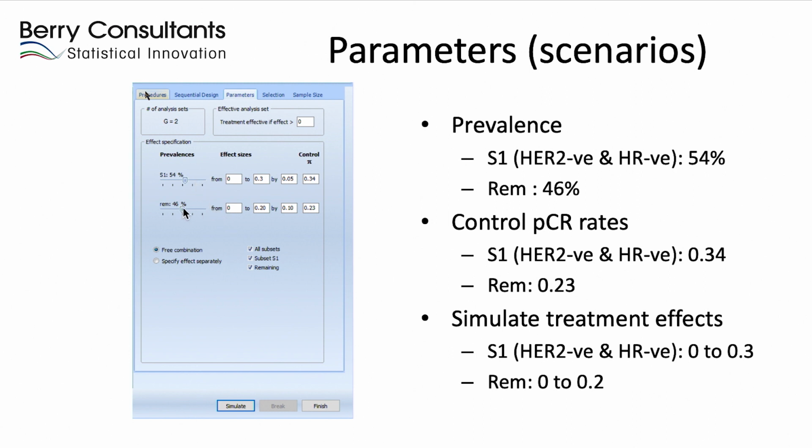For the remainder, we're going to look at a smaller range from 0 to 0.2, and we're going to go up in a larger step size of 0.1, relative to its control PCR rate of 0.23. That'll create 3 different values to simulate at, giving us in total 21 different scenarios as we do the full combination of each value in the 2 groups.